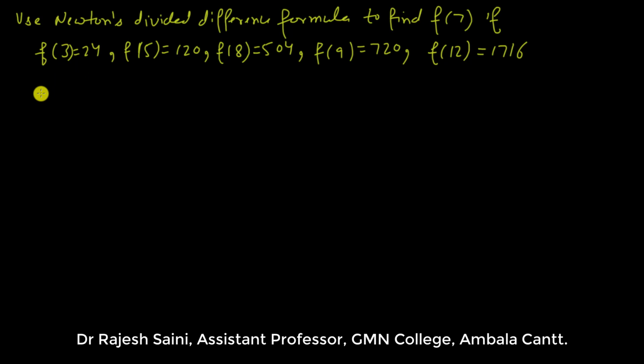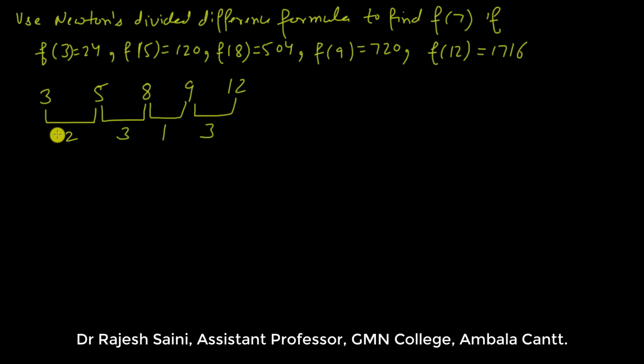First argument is 3, next argument is 5, 8, 9, 12. Now see whether they are equally spaced. Difference is 2, difference is 3, difference is 1, 12 minus 9 is 3.